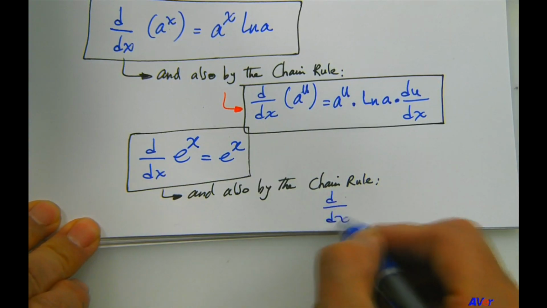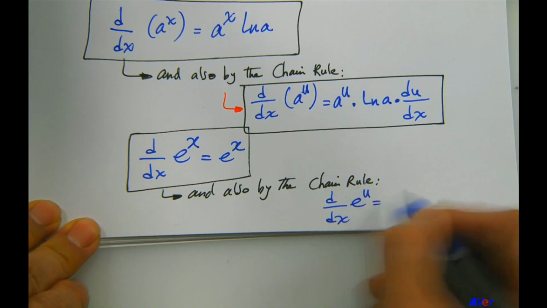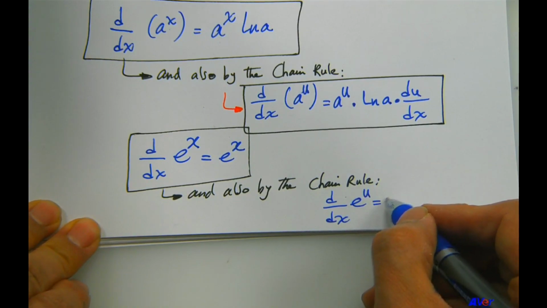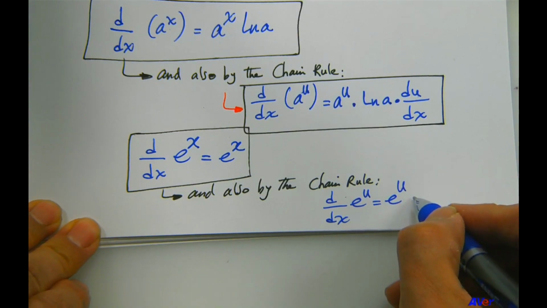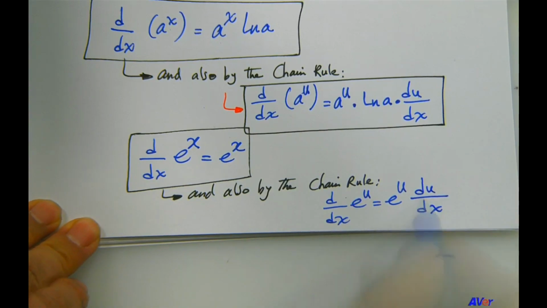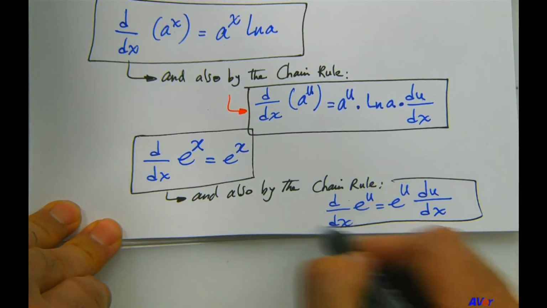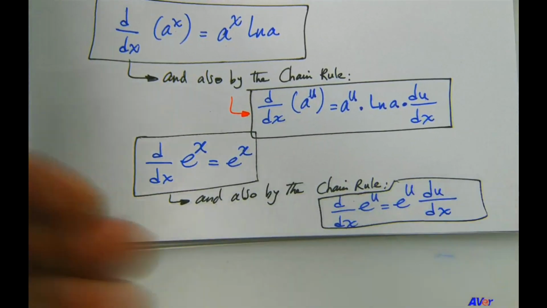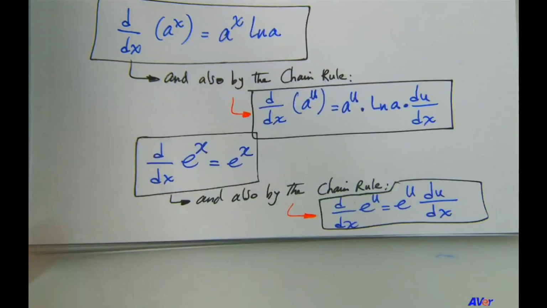So we say d dx of e to the u function, then we have e to the u times du dx by the chain rule. And let's also box this, like that.